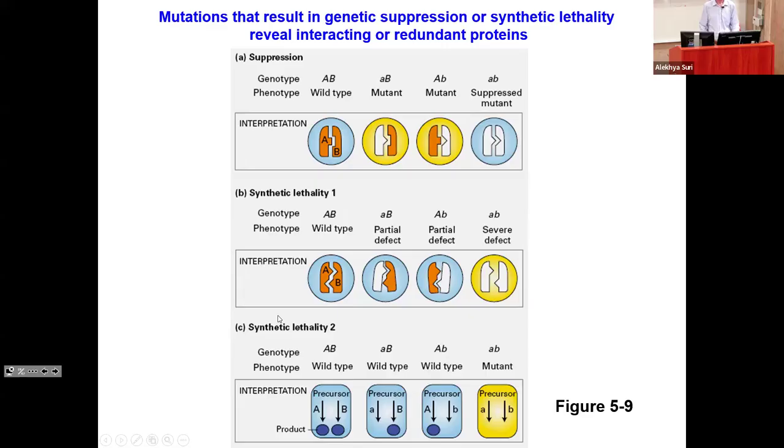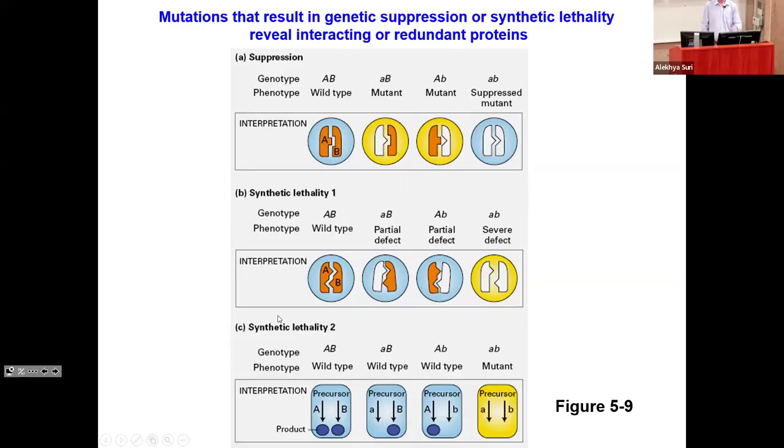So in the first case, suppression means you have, in the wild type scenario, A and B, a perfect, for example, key lock principle, everything fits together. If you change either key or lock, you would create either one or the other mutant that would make cells, for example, grow a little bit more slowly.